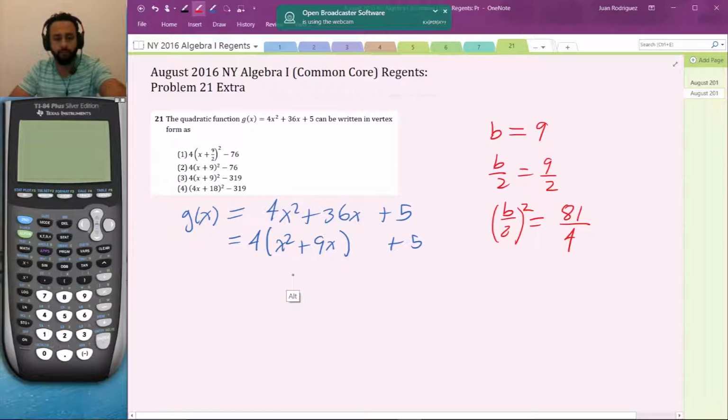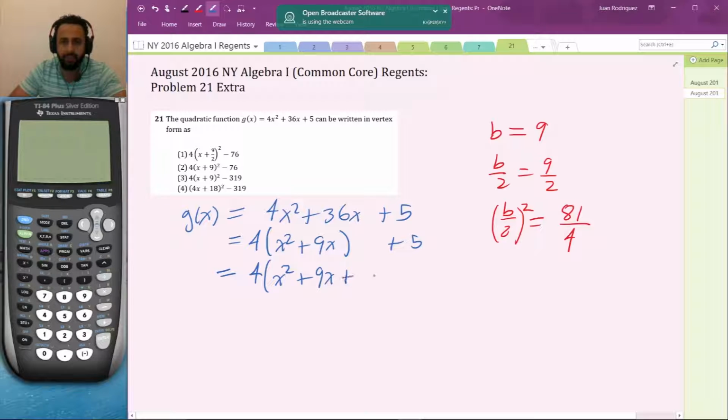So this is equal to 4 times x squared plus 9x plus 81 over 4, that's that number, and then minus the same number, 81 over 4, and then plus 5, the same plus 5 that's been out there.